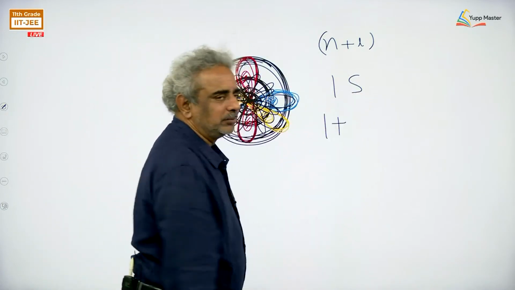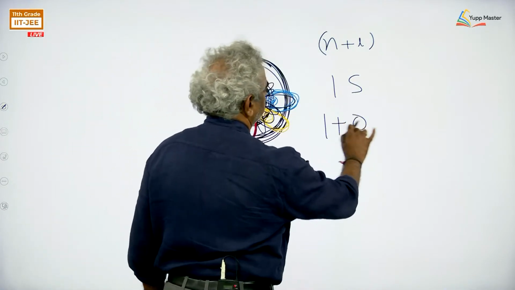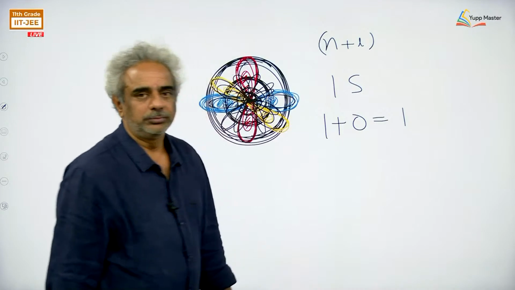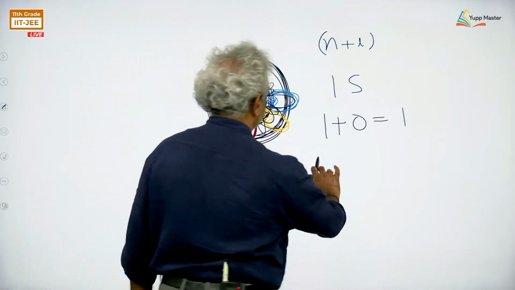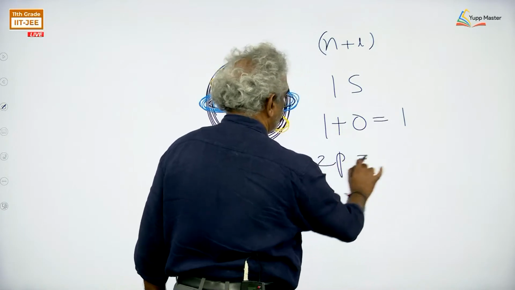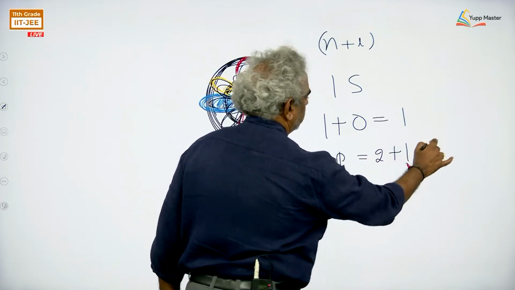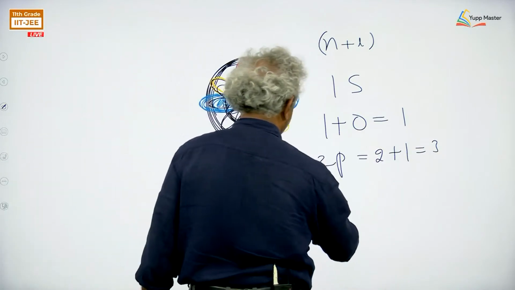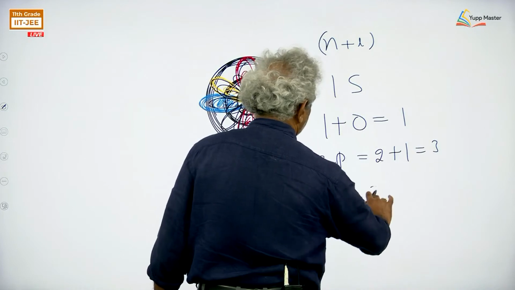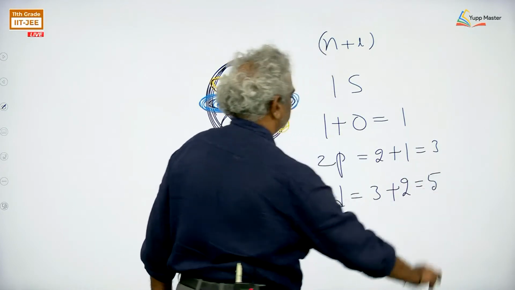For s, we have already learnt the L value is 0. So 1. What is the relative energy of 2p? 2 plus, for p the L value is 1. 3. What is the relative energy of 3d? 3 plus d is 2. 5.